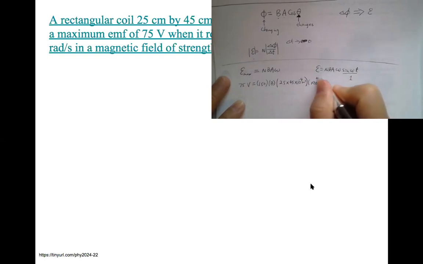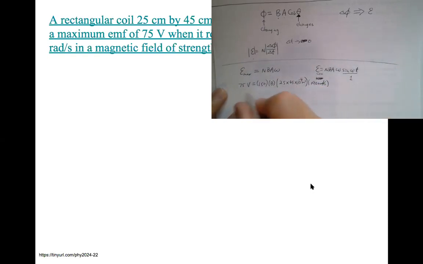Keep in mind, radians per second is what you should use because that's the SI unit. So you are looking for B: you do 75 divided by 150 multiplied by 25 multiplied by 45 times 10 to the minus 4, and then 190, all at the bottom. That equals your B field.